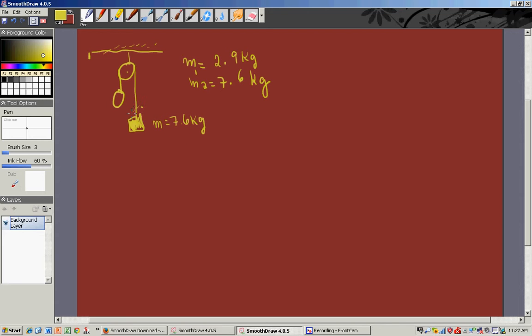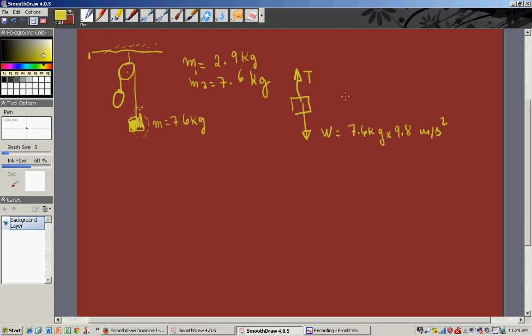So what you do in problems like that, you isolate your system, and then you ask which forces act on it, and you come up with your gravity, 7.6 kilograms times 9.8 meters per square second. Okay, and you also have tension force. So those are the only two forces.